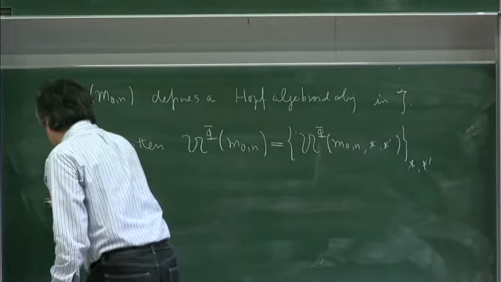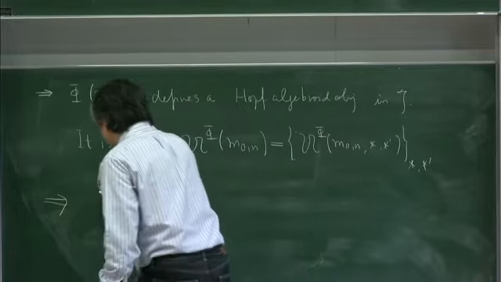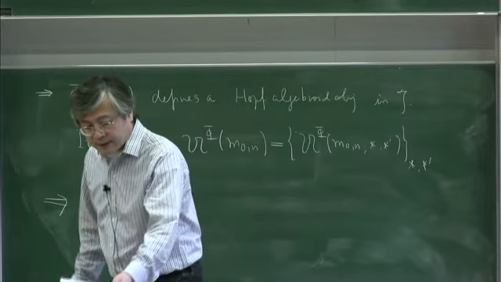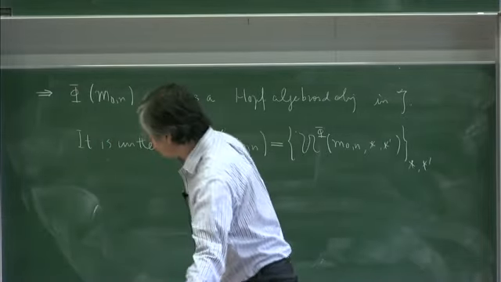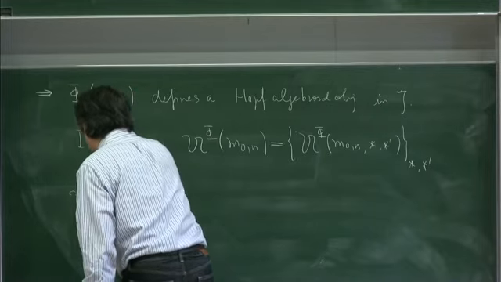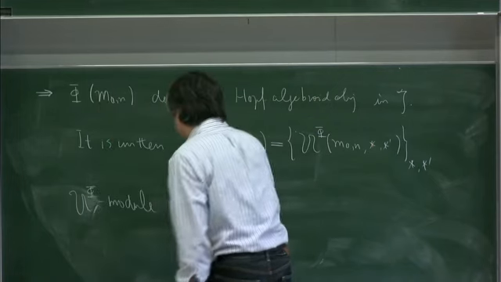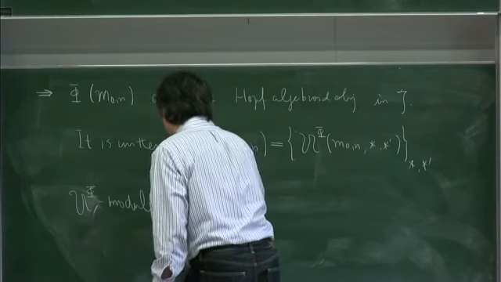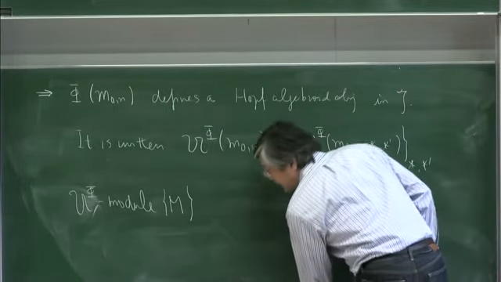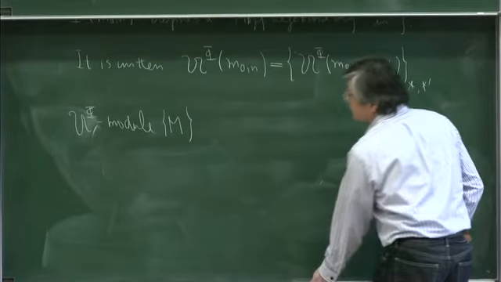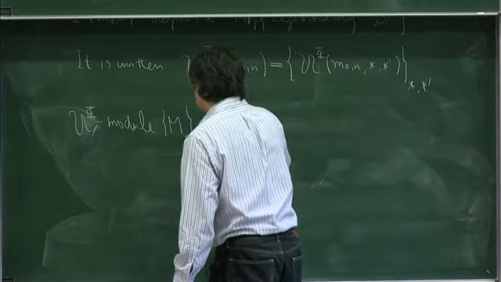Therefore, then we can define a notion of module, a U phi module. We can define the notion of U phi module M, as in a module over an algebroid. So this is indexed by one object.